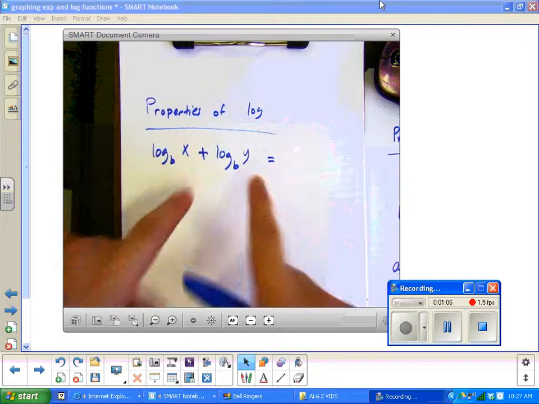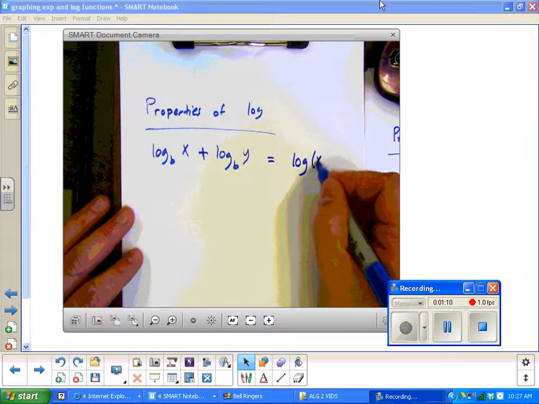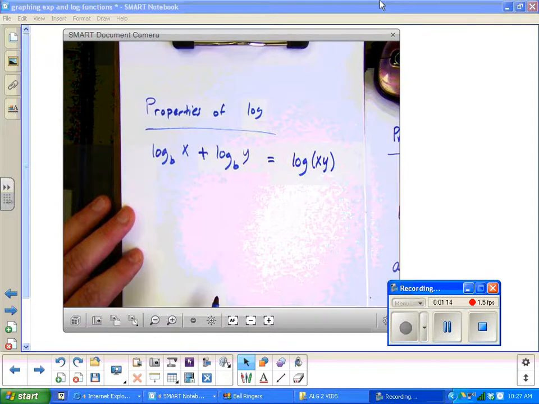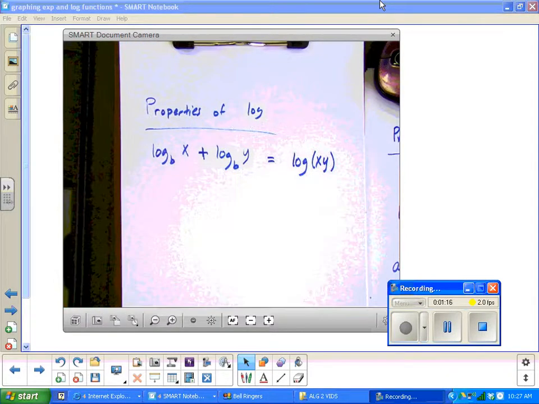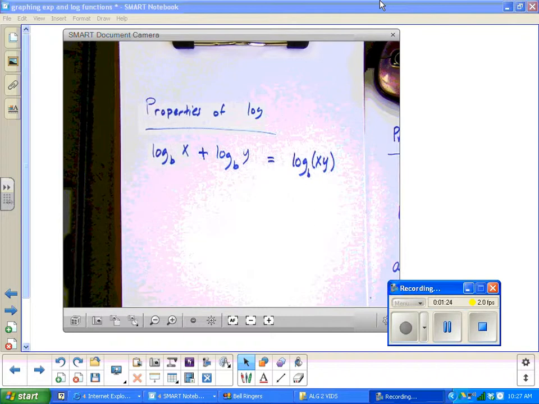You multiply. So this would just be the log of x times y. And really the base doesn't matter. It's going to stay the same.